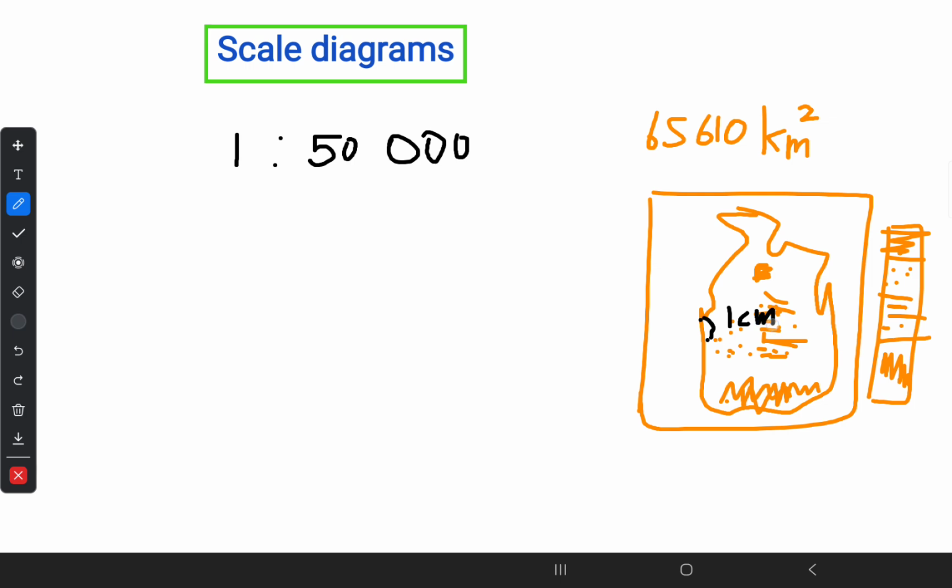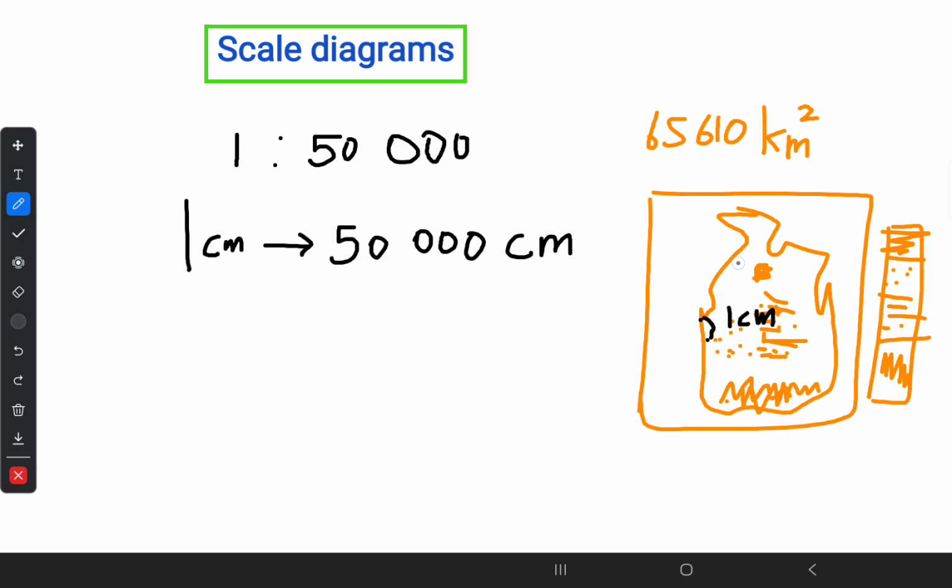Is it actually also 1 centimeter? No. If we measure 1 centimeter on the map, in the actual world that denotes 50,000 centimeters. Just think about how huge it is. 50,000 times greater than the map scale.